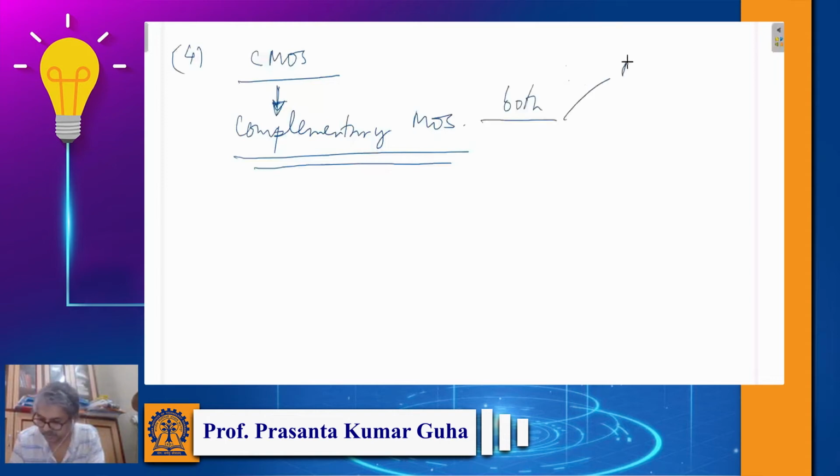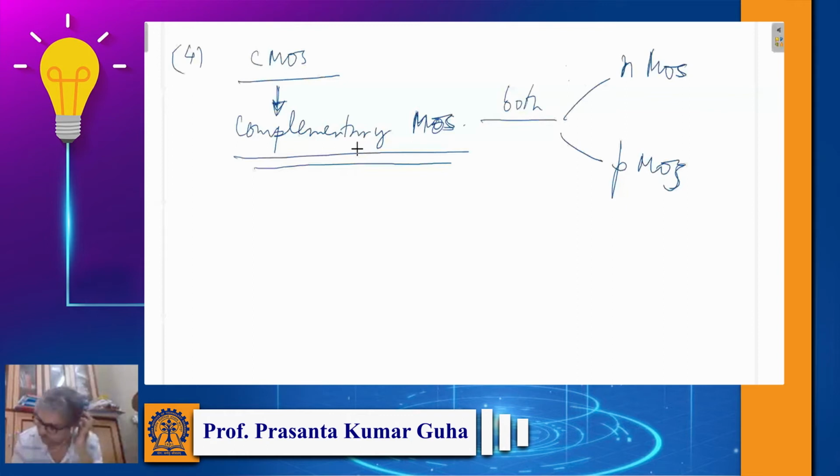Now this complementary MOS, in earlier days we had only a silicon wafer where we had only NMOS or only PMOS, but nowadays in the same silicon substrate we can fabricate both NMOS and PMOS together. So complementary because both NMOS and PMOS are present.